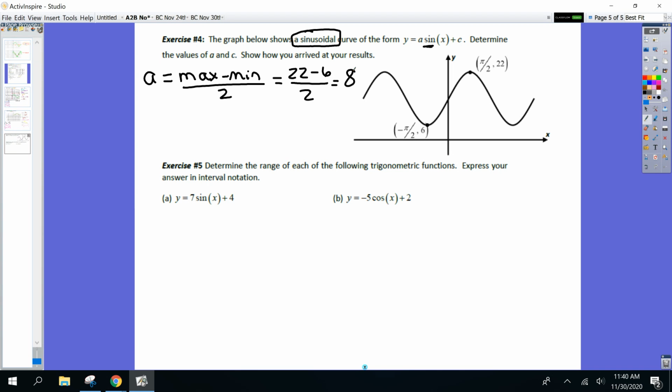And the C value, if you want to know how you shifted: max plus min divided by 2. Easy to remember. You just got to make sure you remember where the minus and the plus went. So now I'm going to add to get the shift. 22 plus 6 divided by 2.